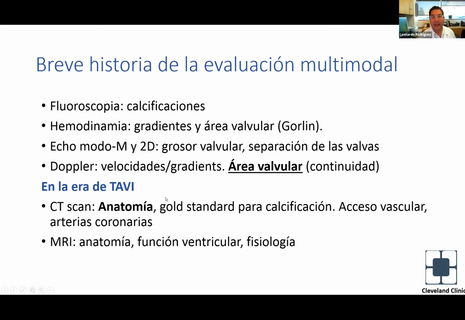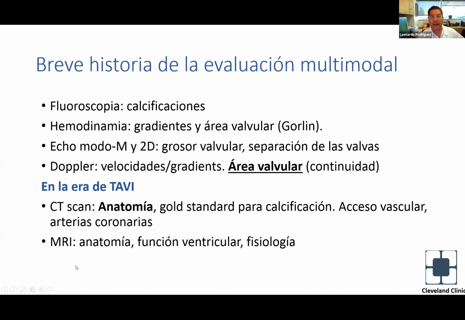En la era actual, una vez que aparece este procedimiento percutáneo transcatéter, realmente el eco sigue siendo importante, pero necesita ahora unas imágenes adicionales, y en particular el uso de la tomografía computarizada, que nos permite ver mejor la anatomía valvular, el grado y distribución de la calcificación, el acceso vascular y la visualización de las coronarias.